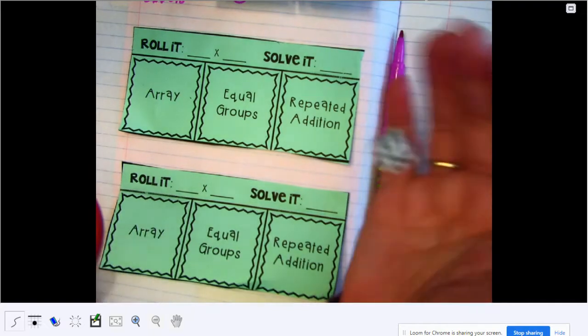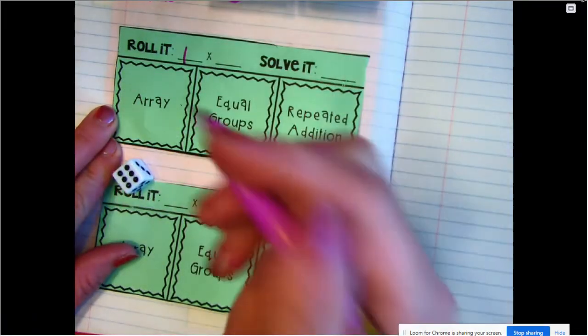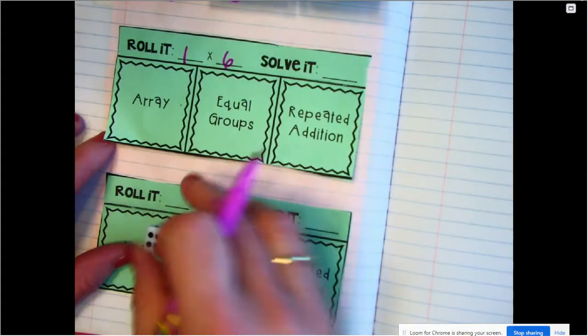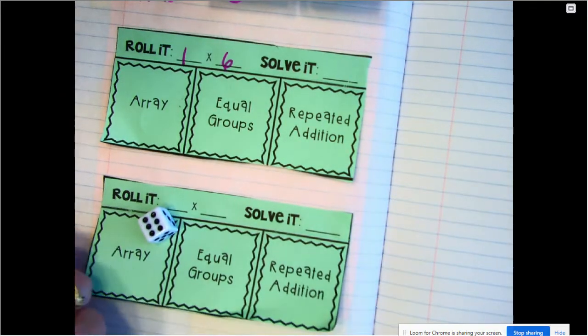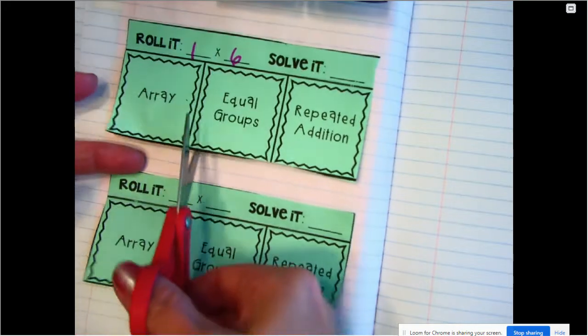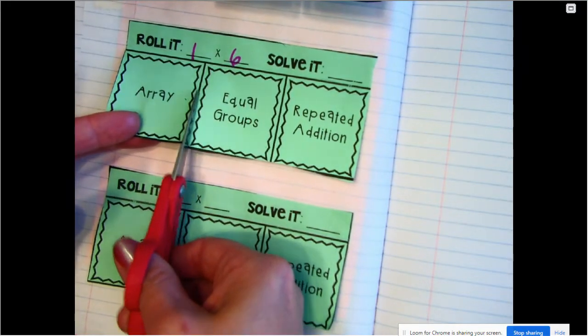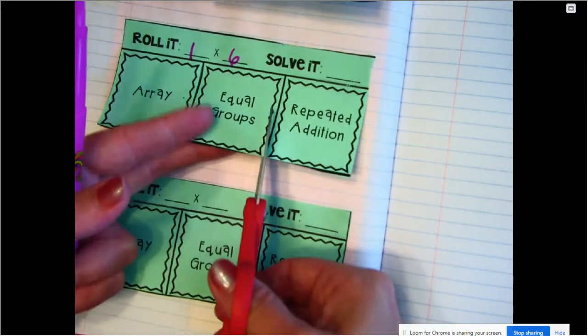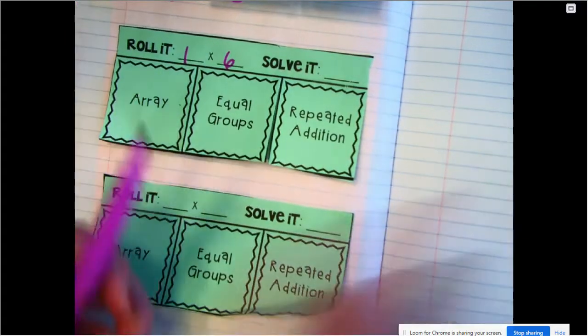Okay, so if you did 1 times 6, your array would be, and if you get something the same, you can always re-roll. It doesn't have to be the same.